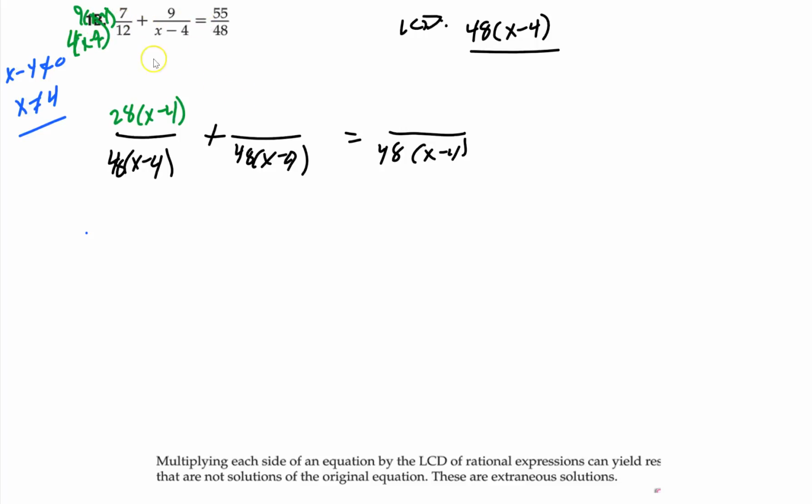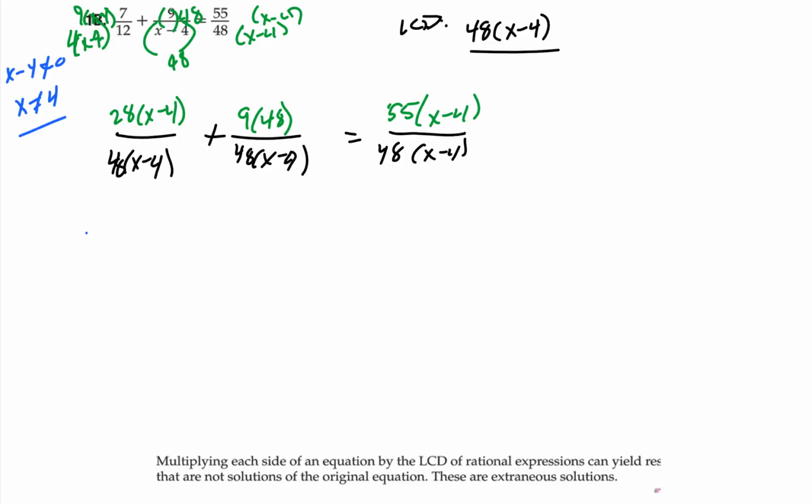The middle one, you're just missing the 48, since it has the x minus 4 already: 9 times 48. And over here, we already have the 48, we're missing the x minus 4. So it's going to be 55 times x minus 4. That's our setup.